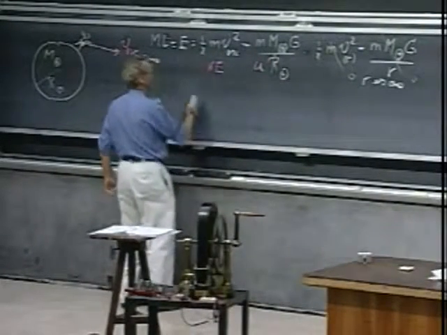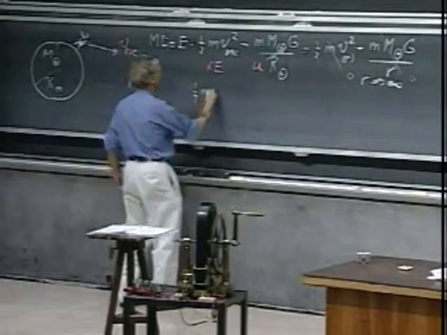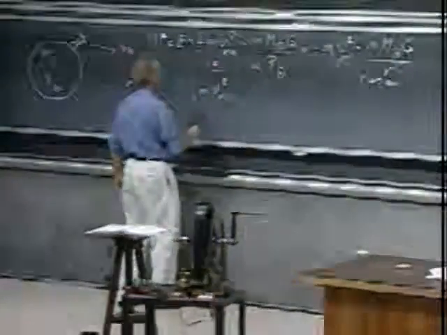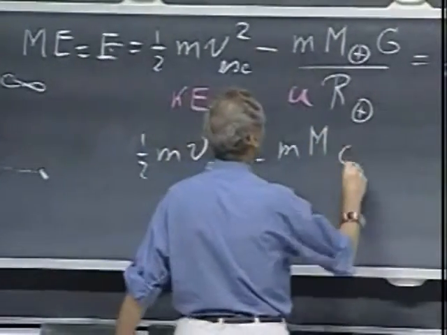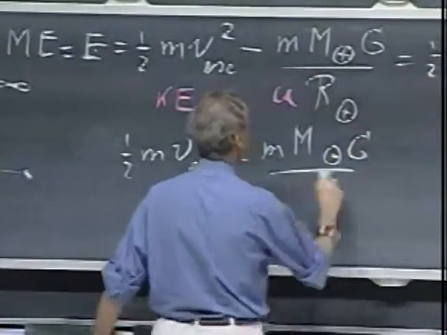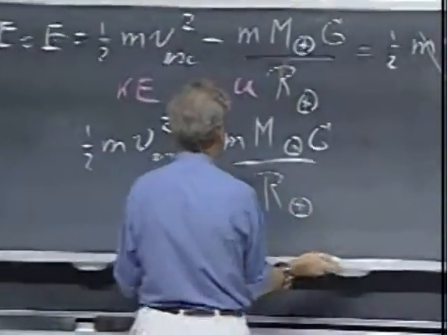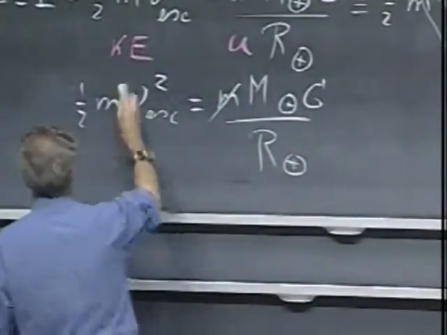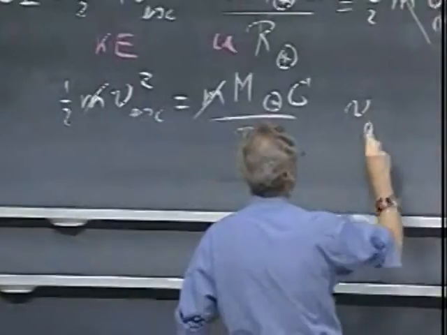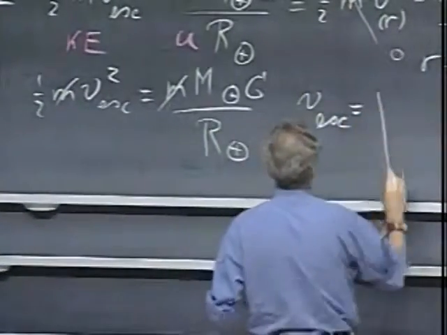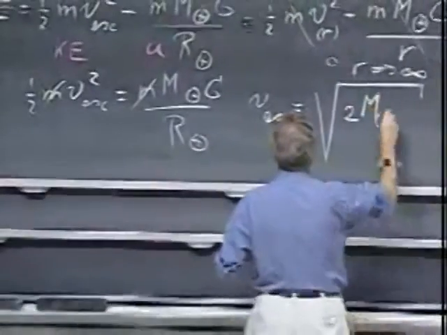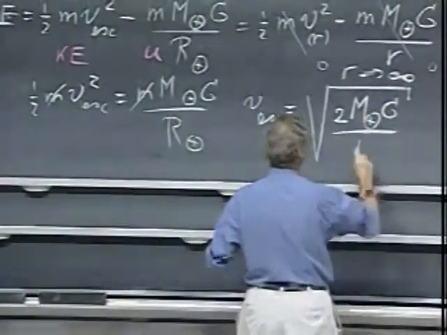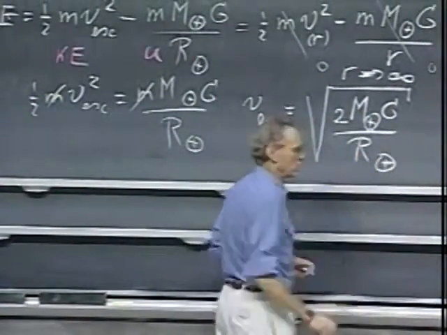And so we find that 1/2 m v_escape squared equals m M_Earth G divided by the radius of the Earth. I lose my little m, and I find that the escape velocity that I have to give you is the square root of 2 M_Earth G divided by the radius of the Earth.